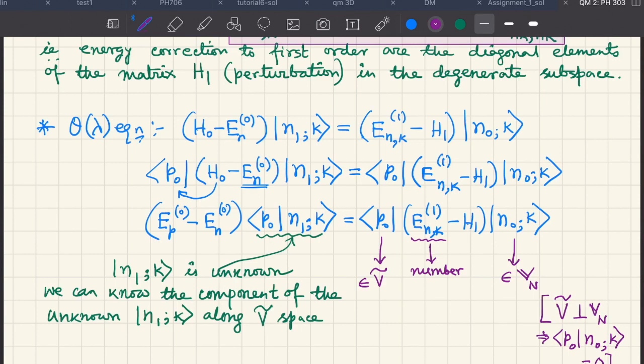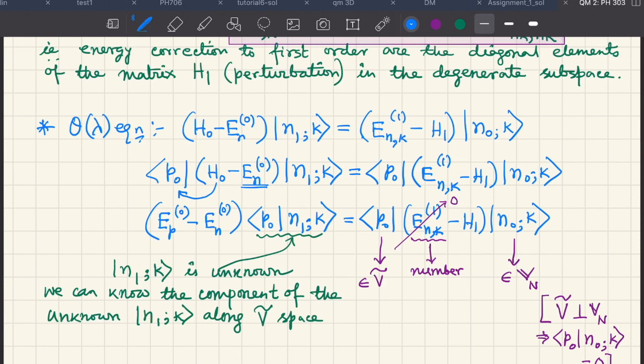So this means that the first term on the right hand side, ⟨P^0|E_nk^1|n^0;k⟩, this E_nk^1 should come out, and we will have an inner product of P naught with n naught k that is going to give us 0. So this term therefore goes away.